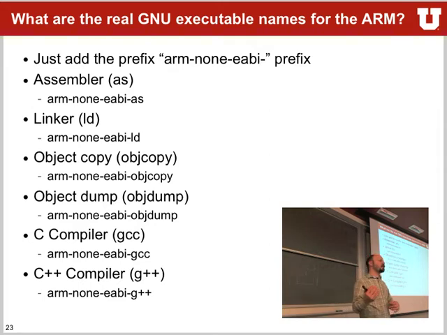So they're taking code that you're writing on, for example, an x86 machine and compile it for an ARM platform. In our case, this will be an ARM platform that's adherent to the EABI binary interface, which we will look at later on.